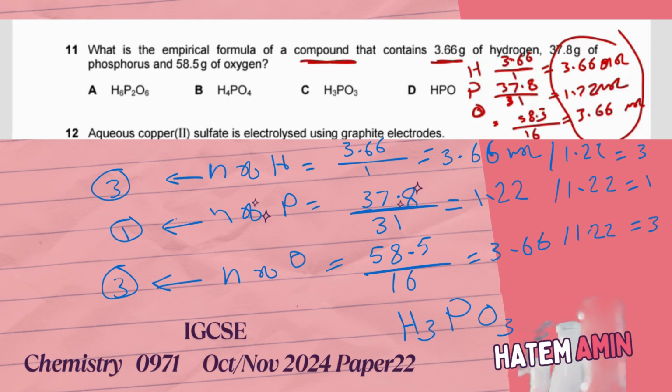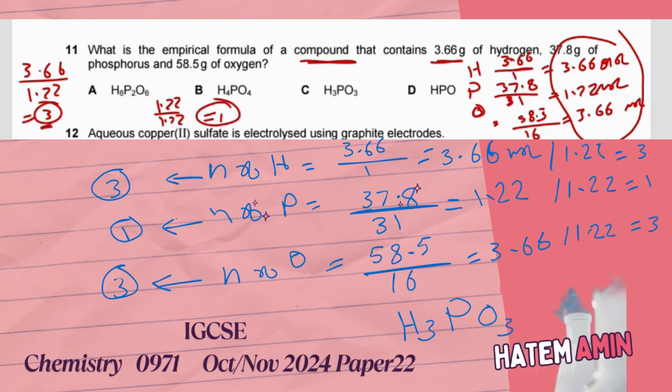The first one is 3.66 over 1.22, which equals 3. So the number of hydrogen here is 3. Second one, 1.22 over 1.22, this is for phosphorus, equals 1. So phosphorus is just one atom.